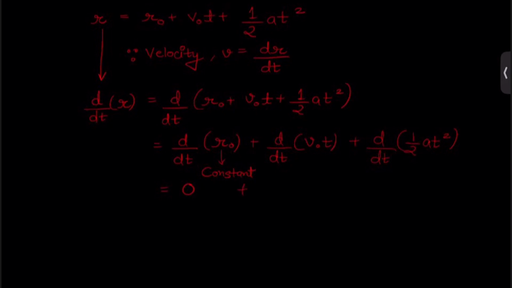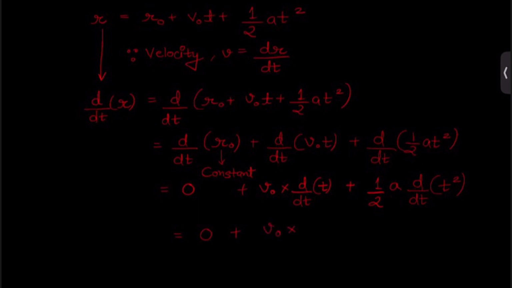Plus, here v naught is a constant, so we can take it out, d by dt of t. Plus, here half is a constant. Please remember we are working with constant acceleration, therefore it will be half a into d by dt of t square, correct? Moving forward, this will be 0 plus v naught.